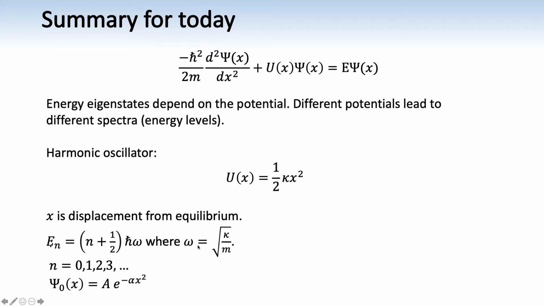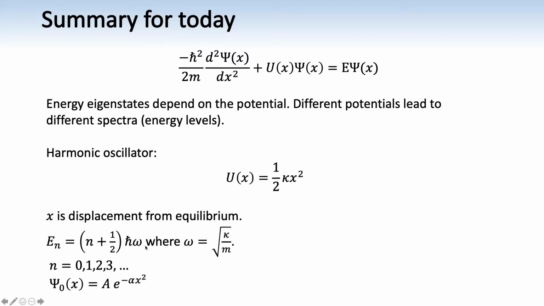And omega is related to this kappa, which appears here, and the mass of the particle, via this relation, square root of kappa over m. This is exactly what you get also in the classical case, that the frequency of the oscillator is given by square root kappa over m.